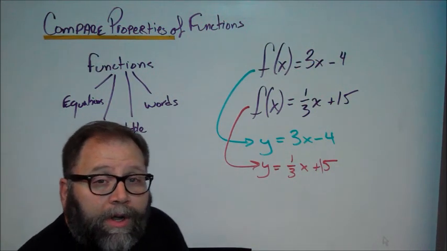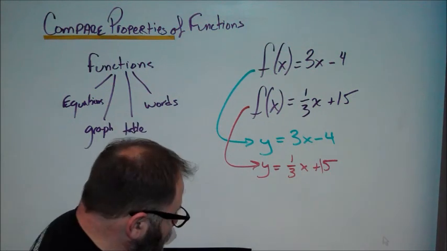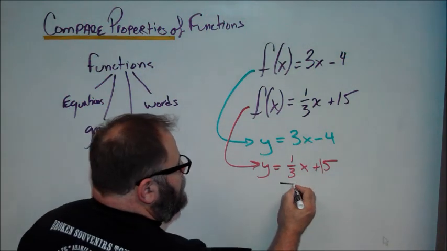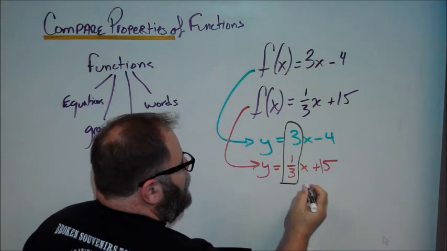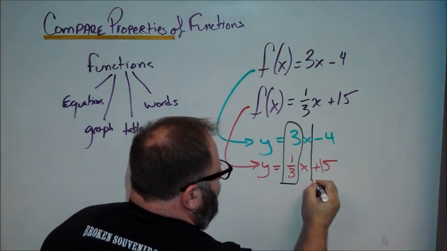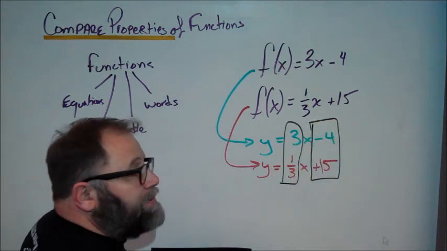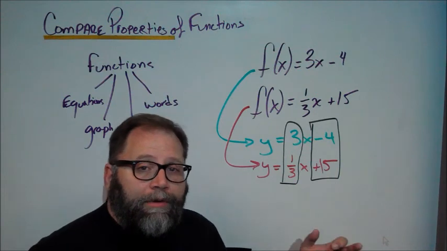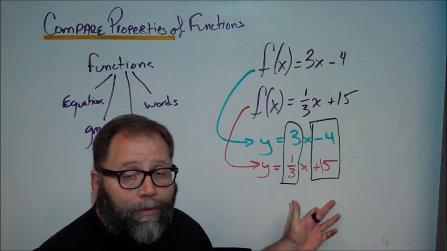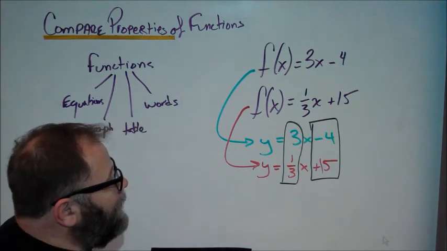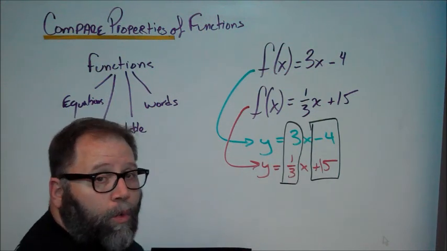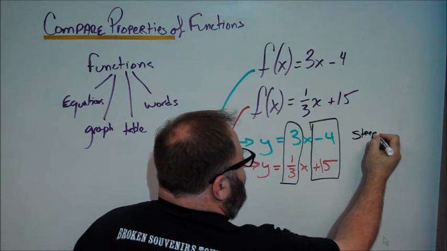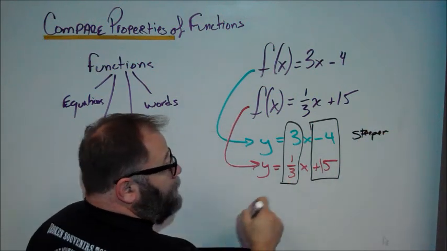Now, when we're comparing properties of functions, what we're looking at is we are comparing the slopes. We are also capable of comparing the y-intercepts. We have no context with these equations, so we're looking at purely the slope and purely the y-intercept. If I look at these two slopes, I know this one is steeper than this one.